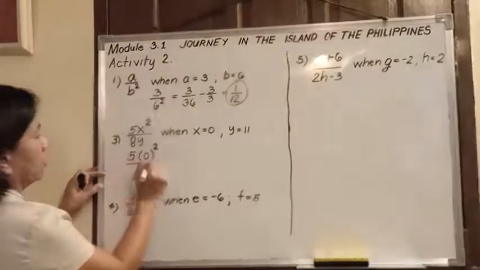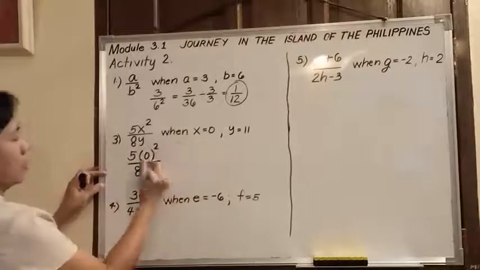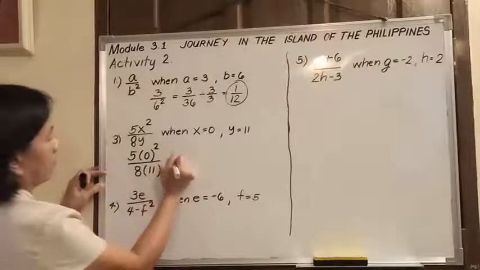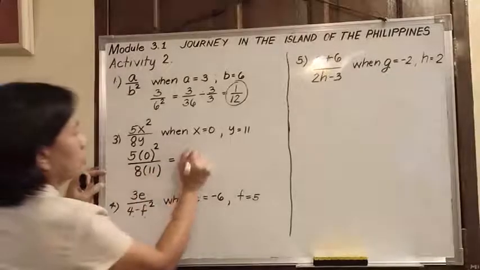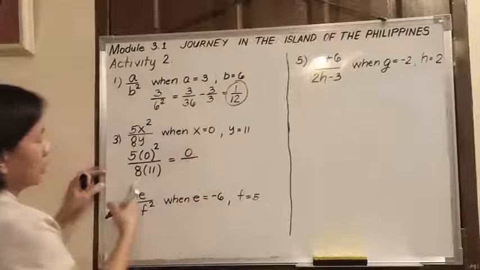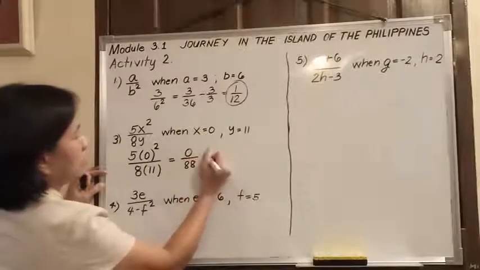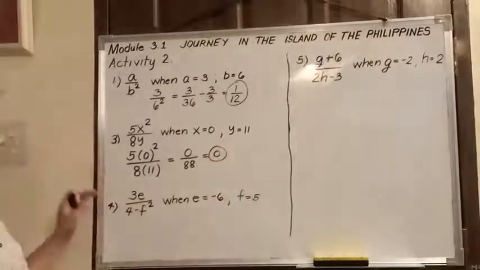Then for the denominator, we have 8 times the value of y, which is 11. 0 squared is 0. Times 5 is also 0. Then 8 times 11 is 88. Now 0 divided by 88 is still 0. Next, number 4.